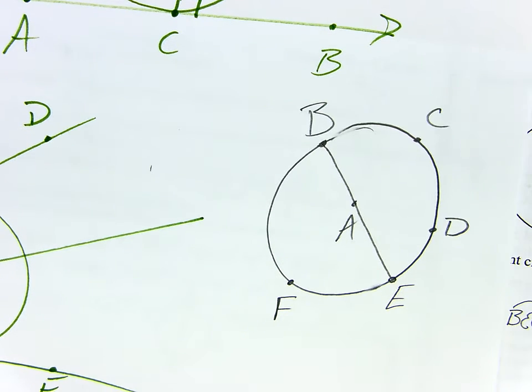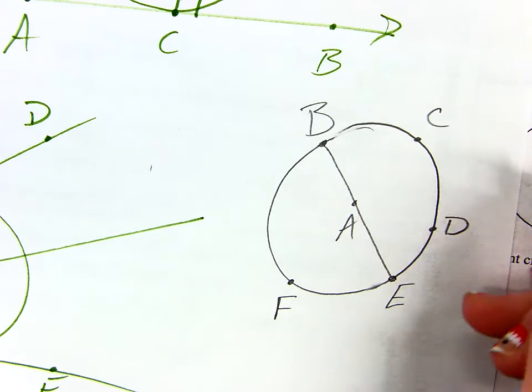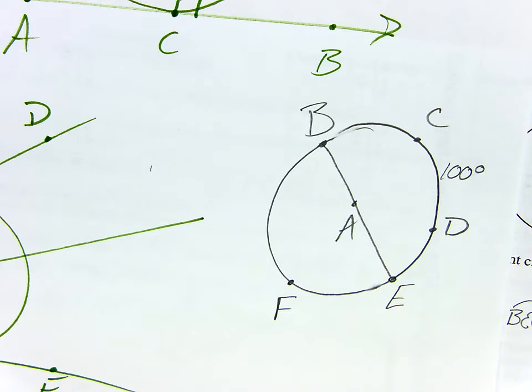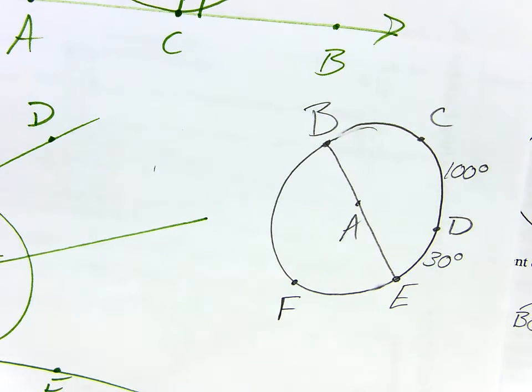Okay, so you see my picture here? Let's say that arc CD was 100 degrees, and let's say that arc DE was 30 degrees. What's the measure of arc CE? 130 degrees. That's all this addition postulate is saying. If they're adjacent arcs, I can just add them together.